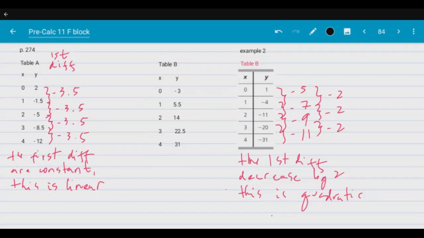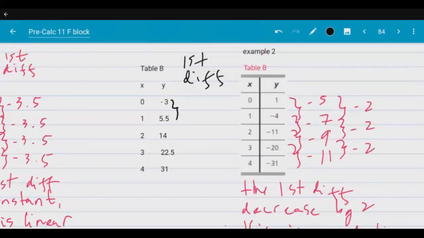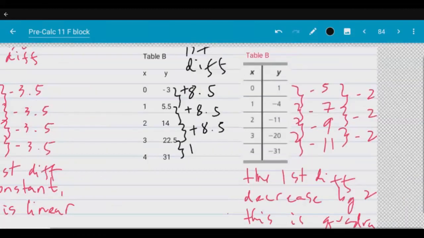So the first difference, from -3 to 5.5, I think it increased by 8.5, right? What about this one? It increased also by 8.5 from here to here, and again from here to here, and again by 8.5.